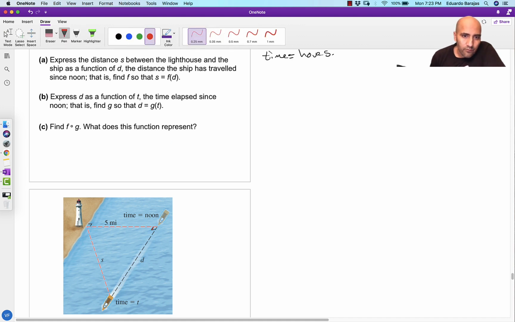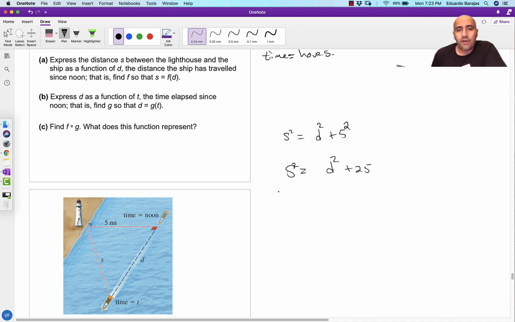This is a perfect right triangle. That's what this little notation means. Then we know that s squared is equal to d squared plus 5 squared. The Pythagorean theorem tells us that s squared is equal to d squared plus 5 squared, or just 25. So s squared equals d squared plus 25.